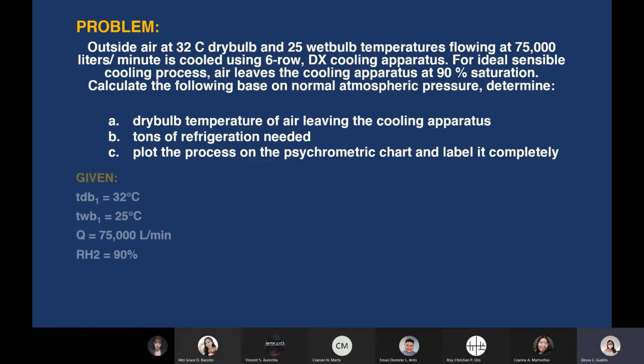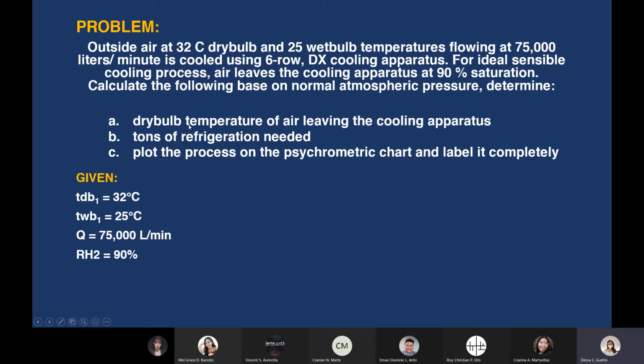The givens are dry bulb temperature 1 of 32 degrees Celsius and wet bulb temperature 1 of 25 degrees Celsius, a volumetric flow rate of 75,000 liters per minute, and a relative humidity at state 2 of 90%.